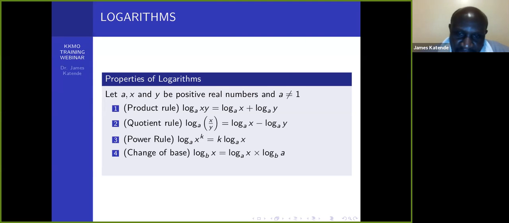If I know the logarithm to base a and I want to find the logarithm to the base b of the same number, this is the formula we'll use. The logarithm of x to the base b is the same as the logarithm of x to the base a, multiplied by the logarithm of a to the base b, to get the logarithm of x to the base b.